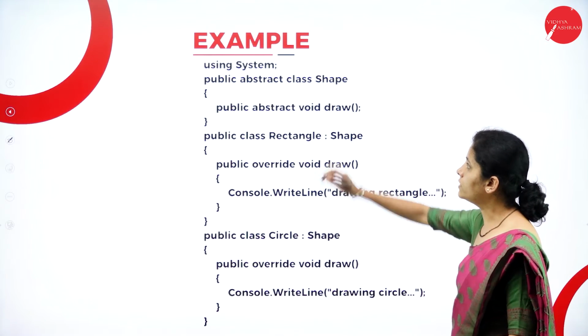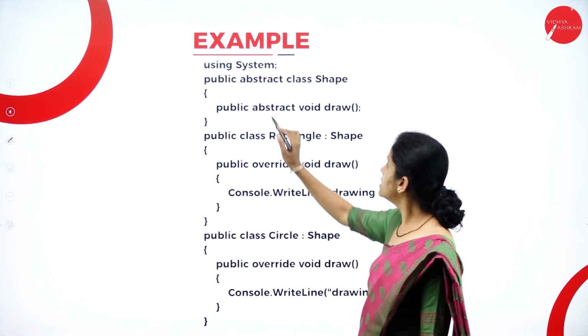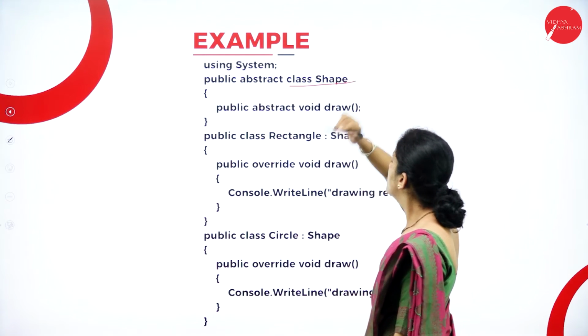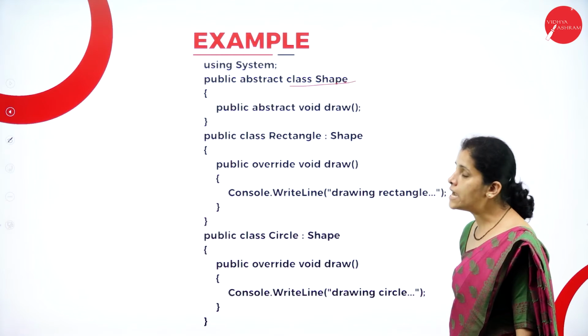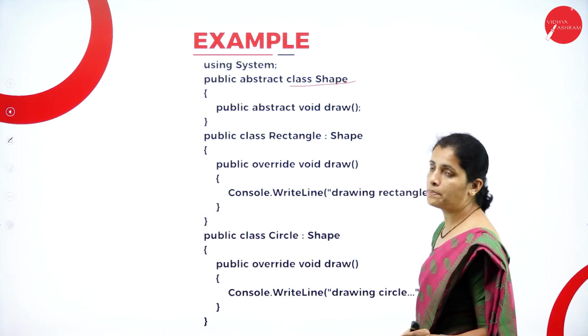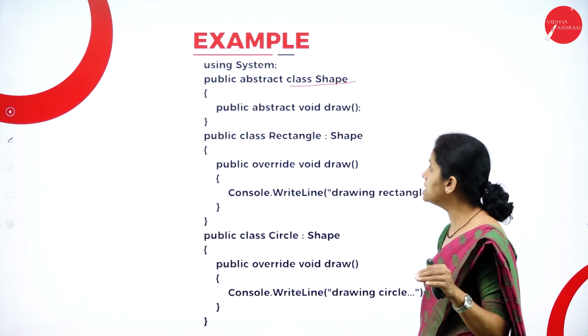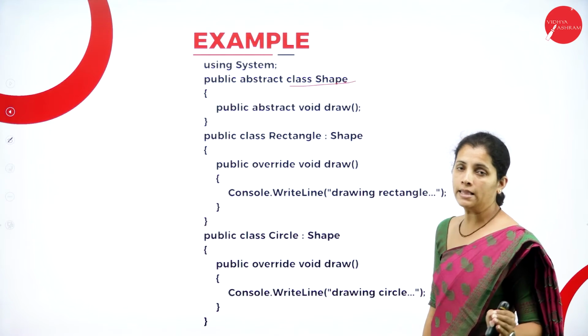Now, this is my example program. Here, what is my class name? That is Shape. And what kind of class? That is abstract. And as I discussed, an abstract class can have an abstract method.